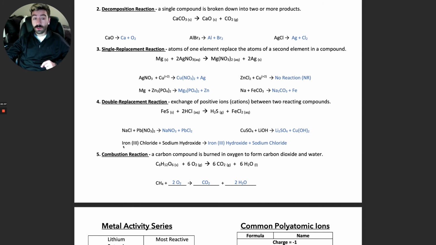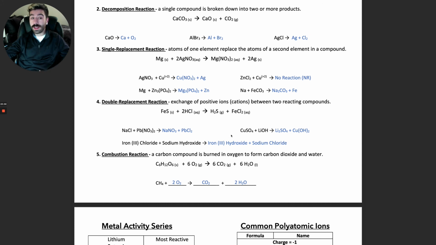Now here, just like I've been recommending, we're using the words, the sentences. And so it's saying iron 3 chloride reacts with sodium hydroxide. If it's a double replacement reaction, what do we do? We replace the cations. So you'll have iron 3 hydroxide and sodium chloride. And that's what you have.